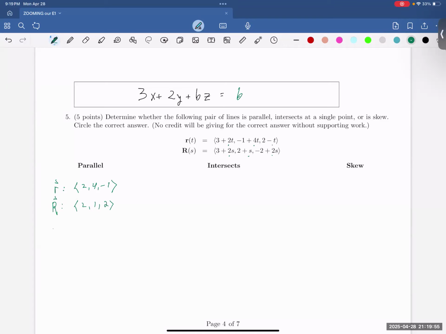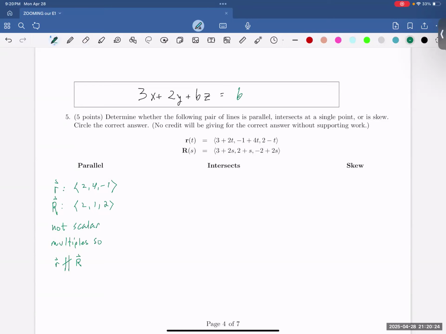And no, they're not scalar multiples. Line r is not parallel to line big R. Do they intersect?